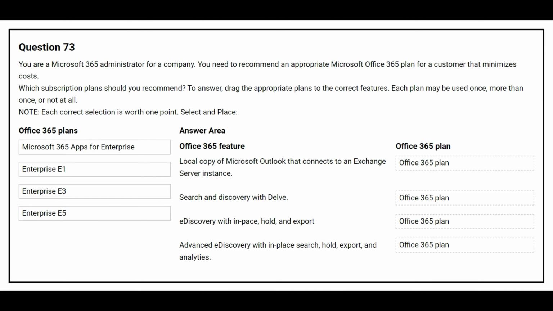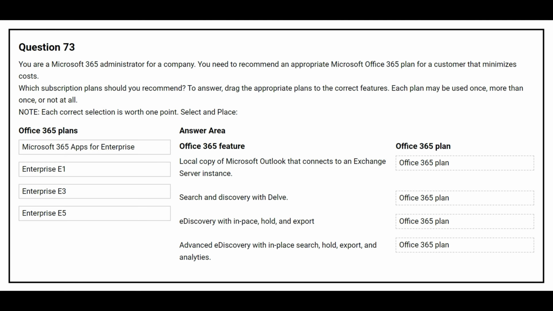Question number 73. You are a Microsoft 365 administrator for a company. You need to recommend an appropriate Microsoft Office 365 plan for a customer that minimizes cost. Which subscription plan should you recommend? On the left side, you have the Office 365 plan.